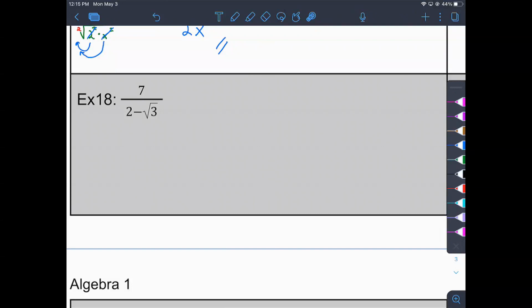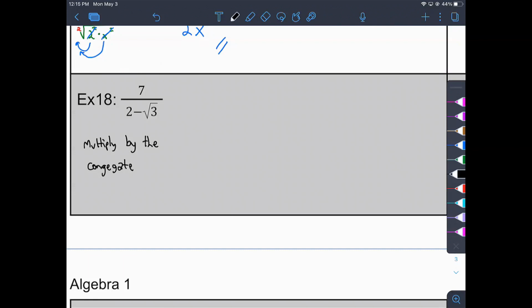When you have more than just a single root or a single thing on the bottom, but you have a plus or minus symbol in between 2 items, you have to do what's called multiply by the conjugate. Oh boy, I hope that's spelled correctly.